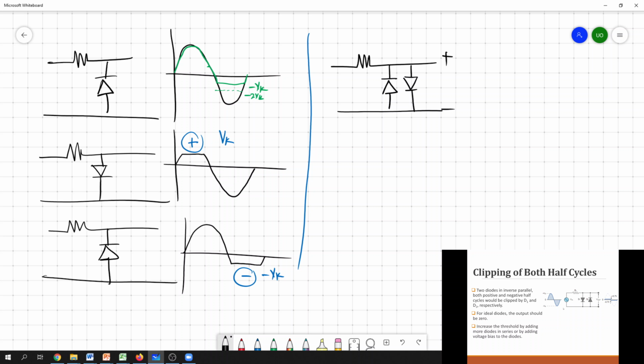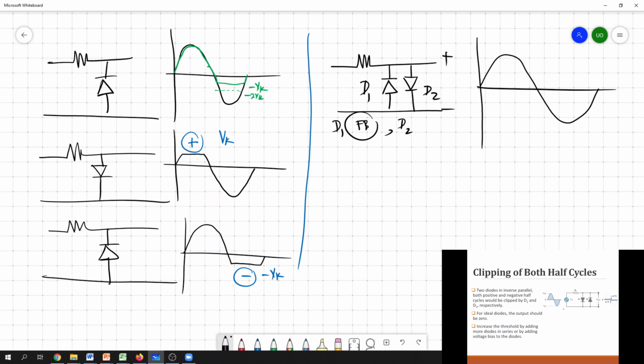We can similarly argue, if this is your input, we know that with this orientation, if D1 is forward biased, definitely D2 should be reverse biased. So during this D1 conducts, and when D1 gets forward biased, D2 is reverse biased, so we can simply replace D2 with an open circuit.